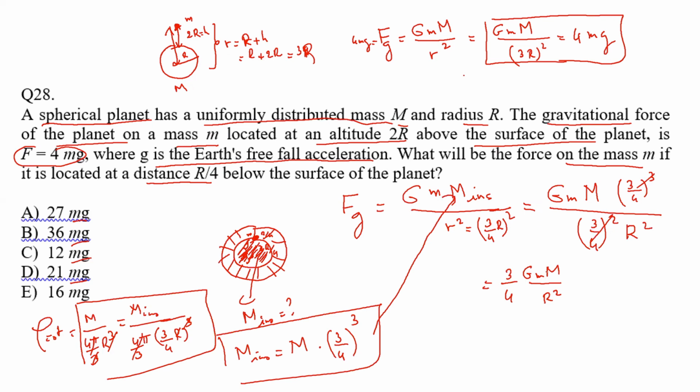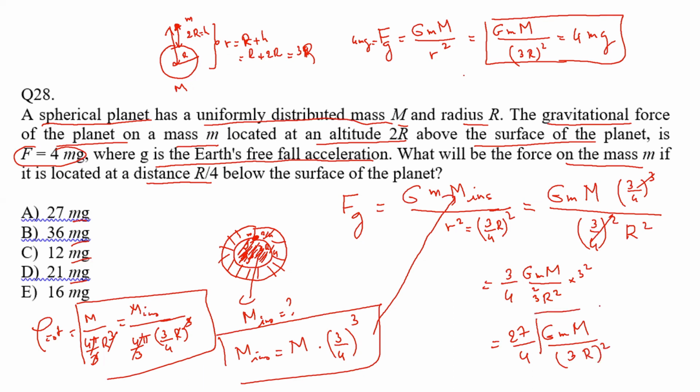Now let me do something here. Let me multiply here by 3 square, and then here I divide by 3 square. So I will have 27 divided by 4 GMm divided by 3 squared r square.